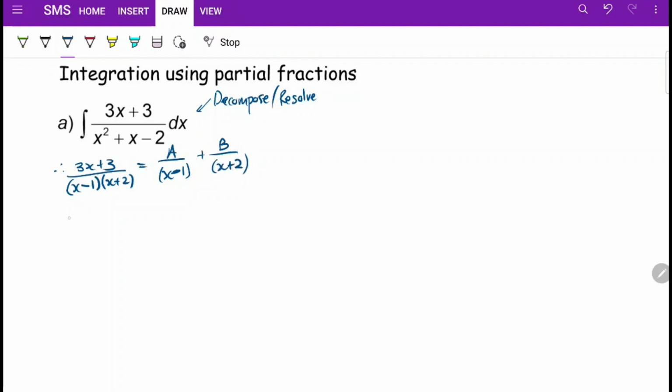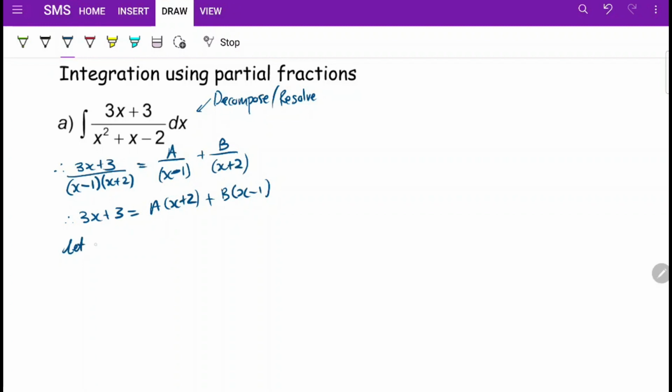Based off of this, we can work out now by doing partial fractions, and this will just be A times x plus 2, plus B times x minus 1. Once we've done this, we'll use the method of elimination to resolve this and get a solution.